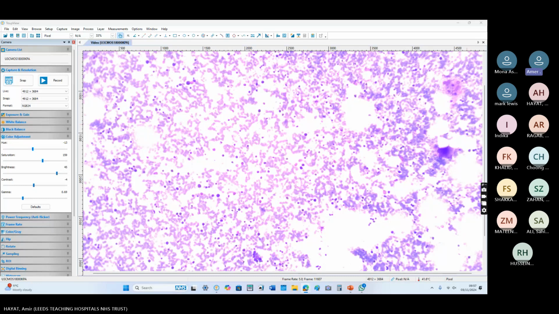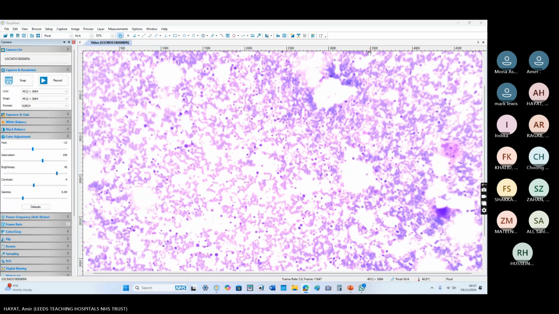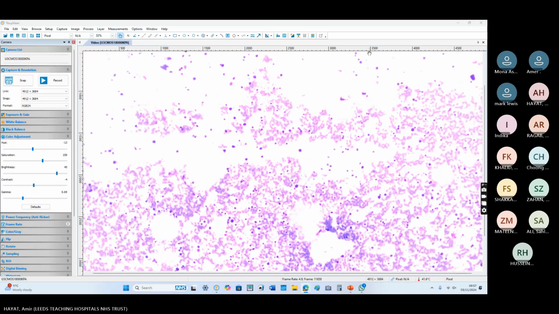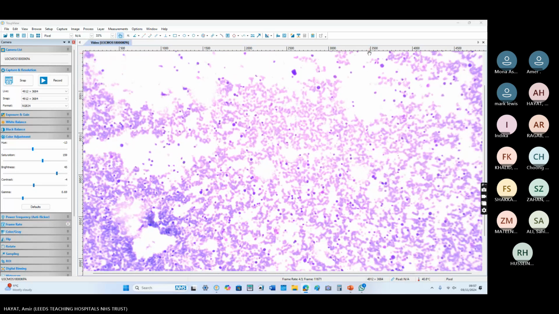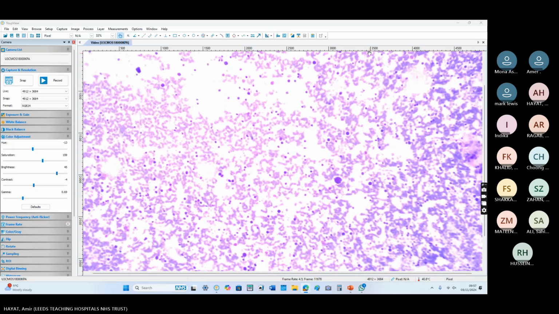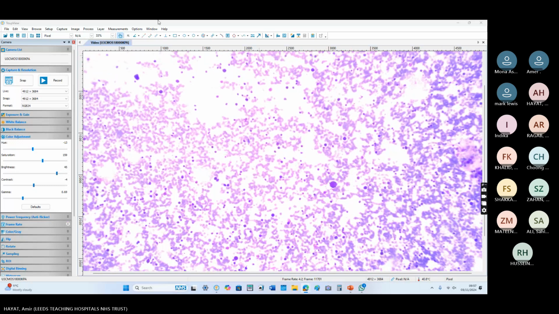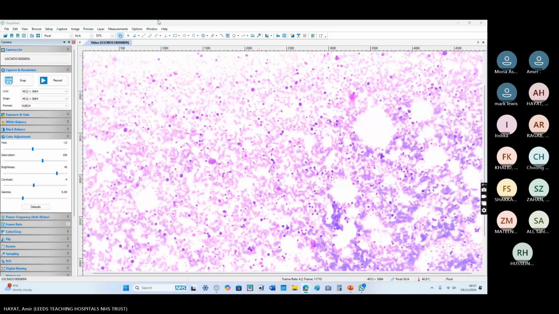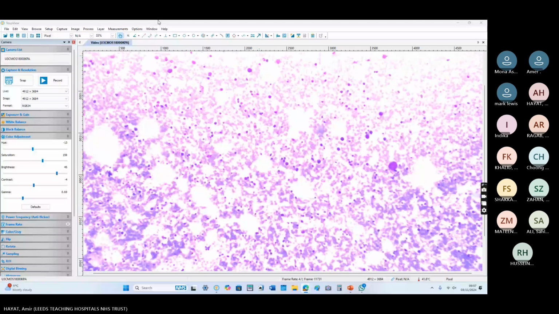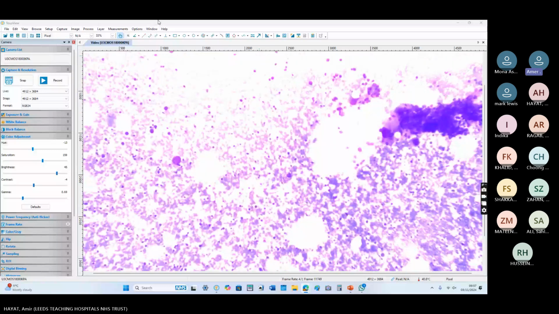So these are all megakaryocytes. So what do you think is the reason for the cytopenia in this patient, depending upon this aspirate?